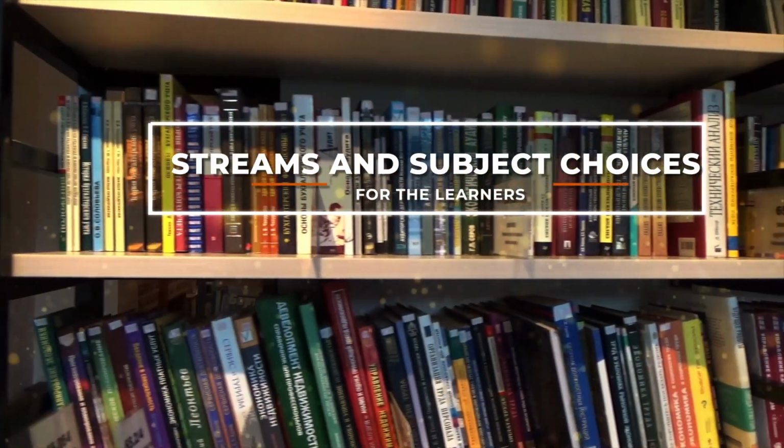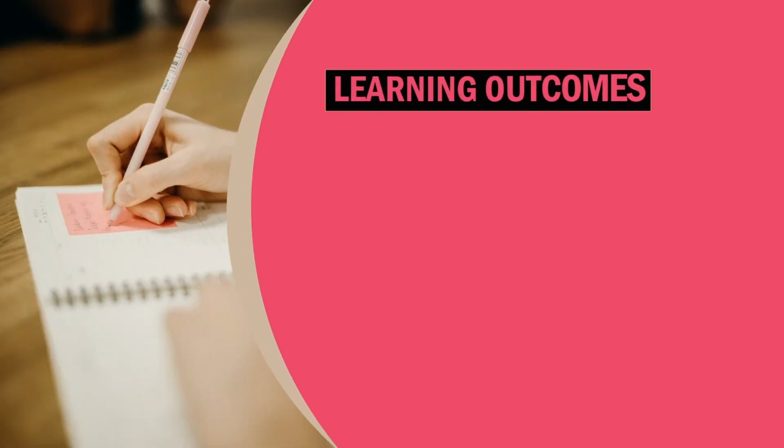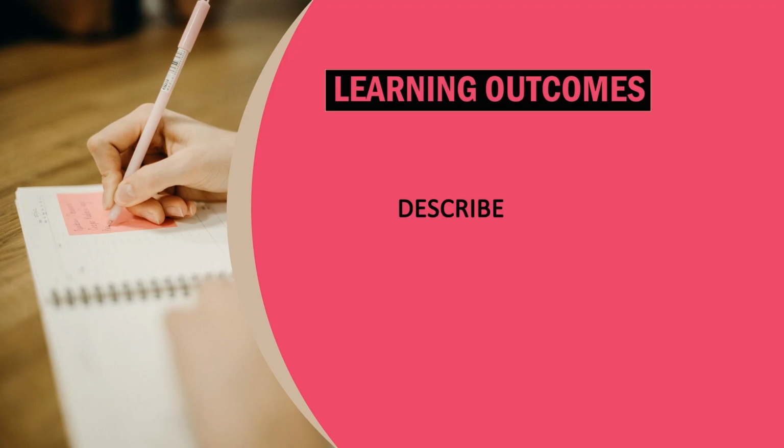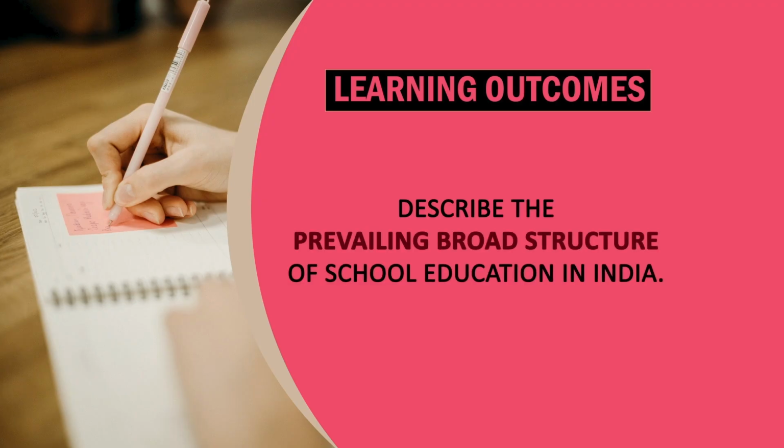for the Learners. So before discussing the content points and the concepts about the streams and subject choices for the learners, let me focus on the learning outcomes. So friends, after going through the part E content of this 8th module, making subject choices, and after going through this video program, you will be able to describe the prevailing broad structure of school education in India.